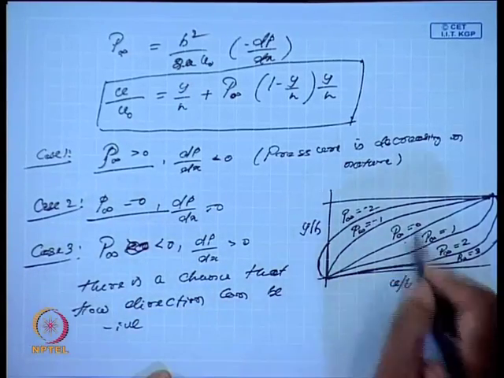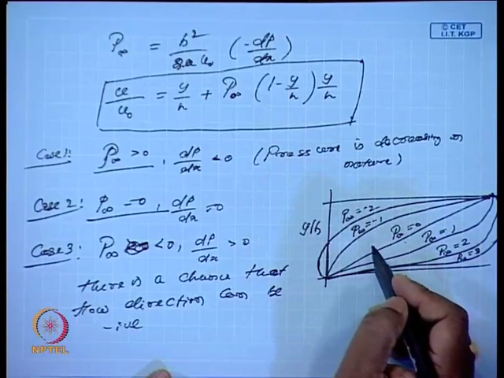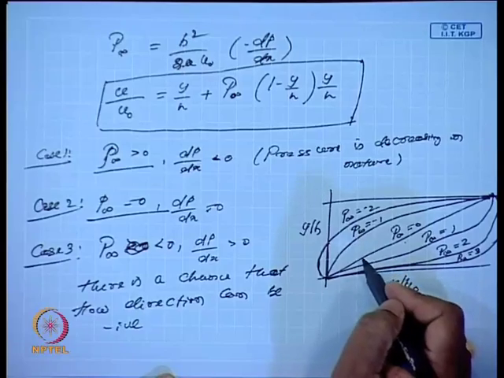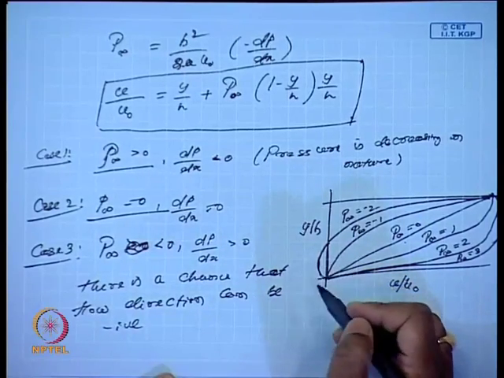The fluid flows in the opposite direction, and what does it mean? The viscosity drags the motion, and there is a situation which makes the flow to be in the positive direction.